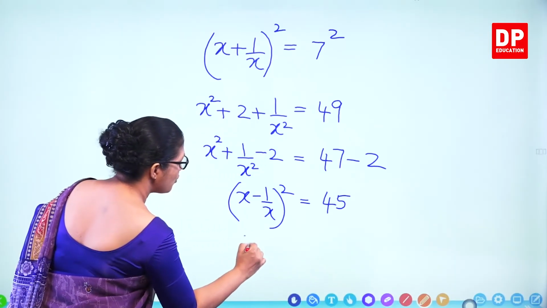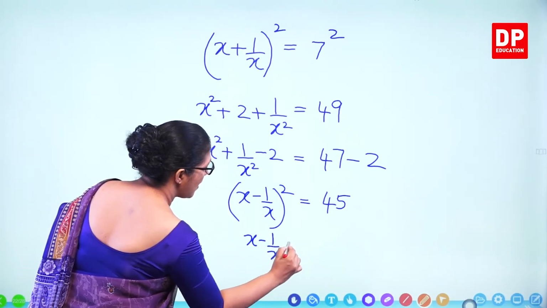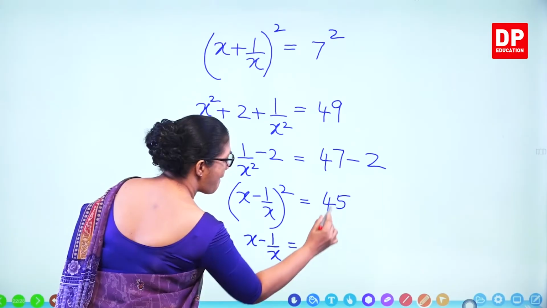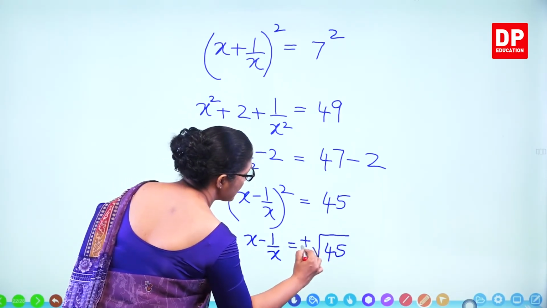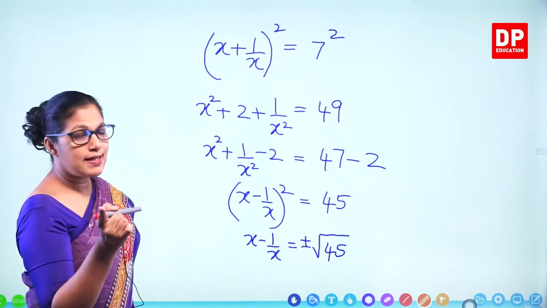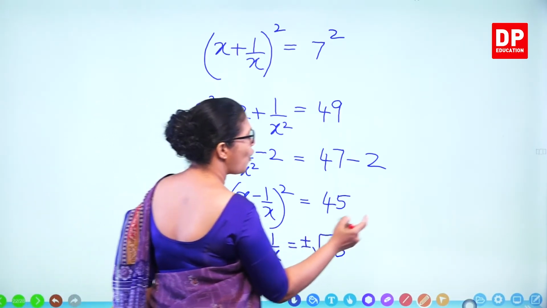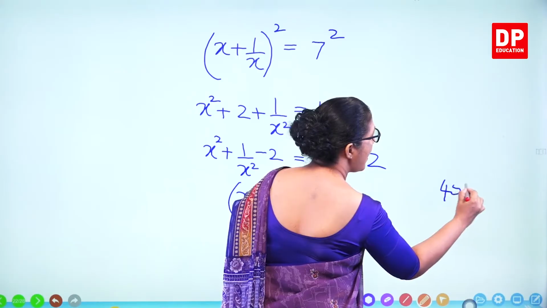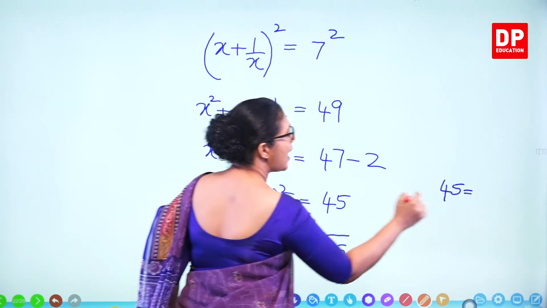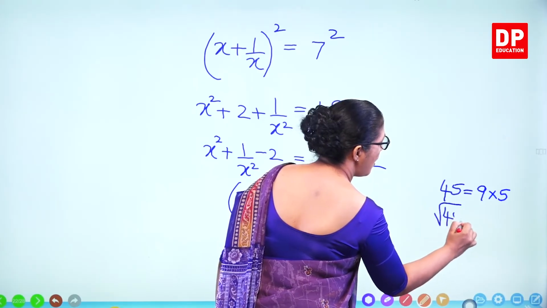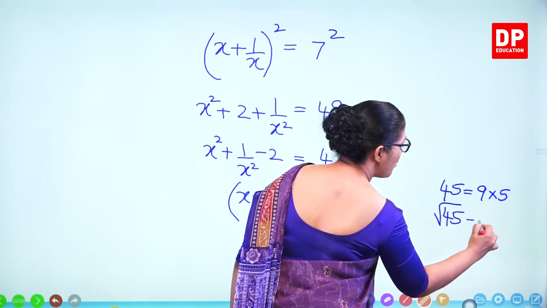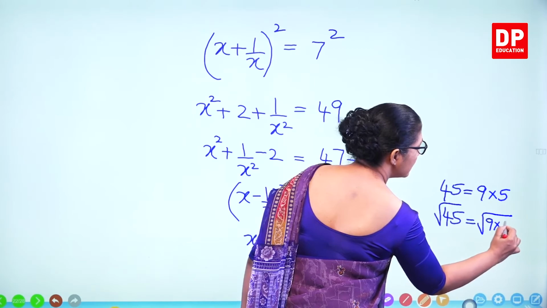When you square root both sides, you get x minus 1/x is square root of 45. That's plus or minus, but they want only the positive solution. So what is 45? 45 you can write with the square number 9 times 5. When you take the square root, what happens?